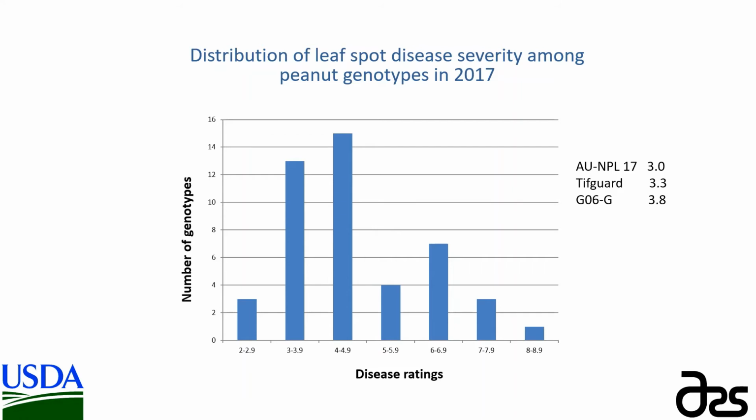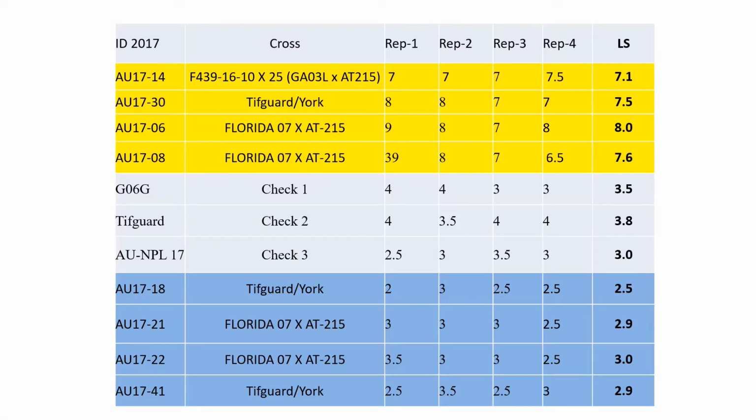Many of them are clustered in the disease rating of less than 5, and the checks are also included for reference. For gene expression experiments, we decided to use 4 of the susceptible lines, 4 of the resistant lines, and 3 checks. You can see that these are 17 identifiers with their appropriate classes and their relative ratings.